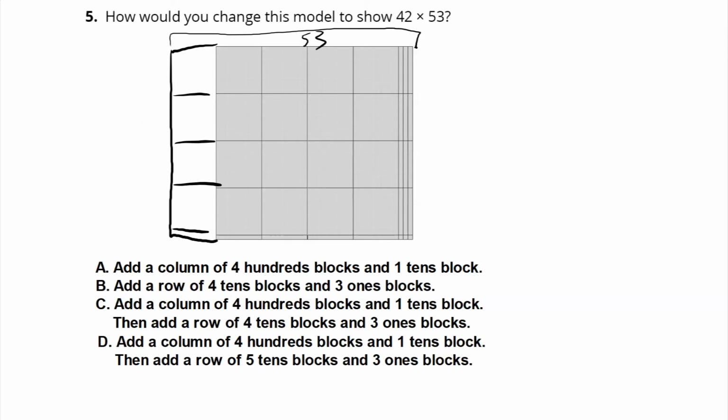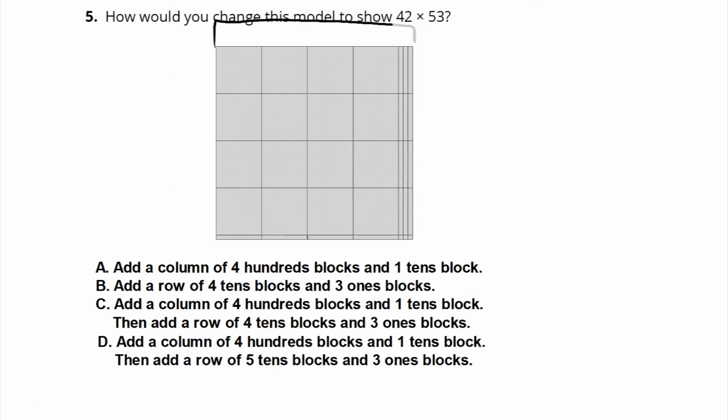So then option B says add a row of 4 tens blocks and 3 ones blocks. So let's see what they're suggesting we do there. They're saying to add another row of 4 tens blocks and 3 ones blocks. Well, what that's giving us then is it's now giving us 51 on the side, and we still have 43 across the top, or across the bottom. So that's not what we want either.